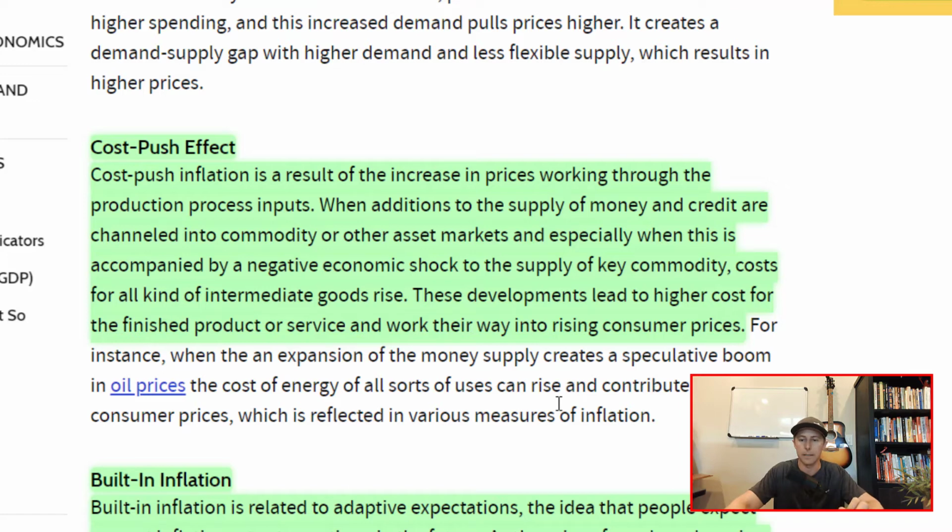These developments lead to higher cost for the finished product or service and work their way through rising consumer prices. So cost push inflation is essentially referring to the materials that it takes to put together certain goods and services. If those material prices rise, the cost ultimately gets pushed onto the consumer in the form of rising prices so that companies can maintain their profit margins.